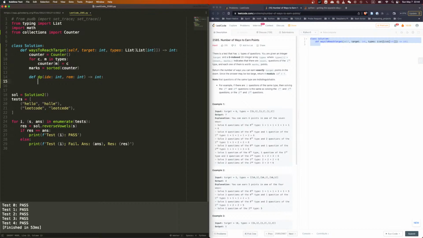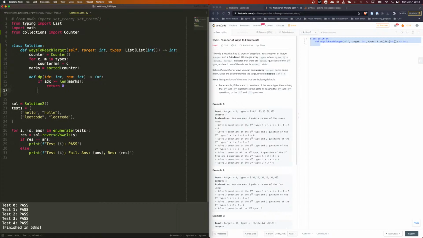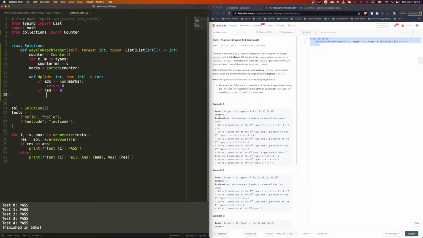So if index is larger or equal to the length of marks, we go out, return 0, nothing works. If remaining equals 0, that means it works, then we shall return 1.